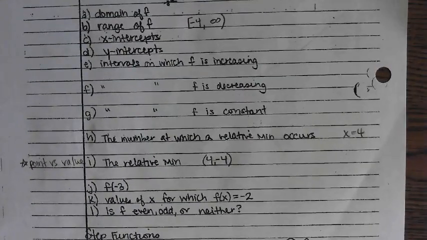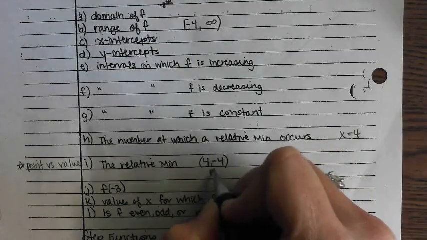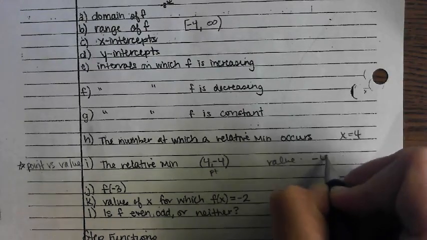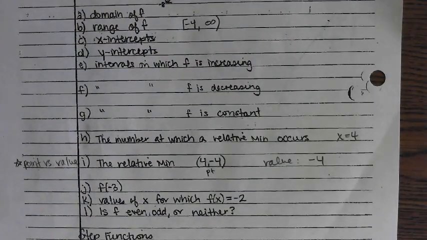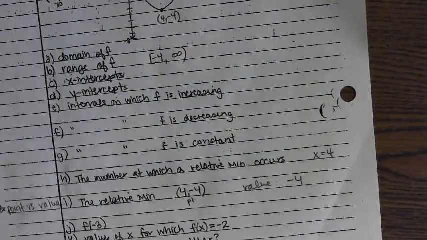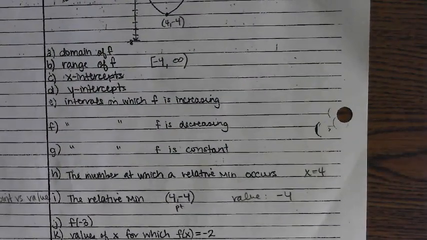If it says relative minimum value, so this would be the point, the value would be -4. Okay? Any other questions? That was a good one.